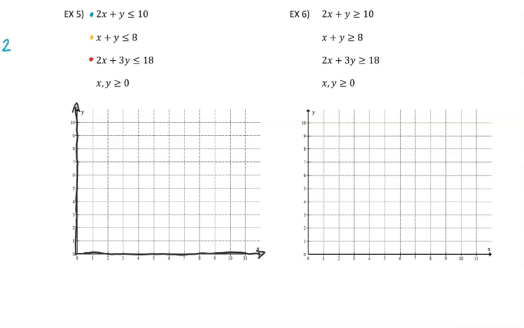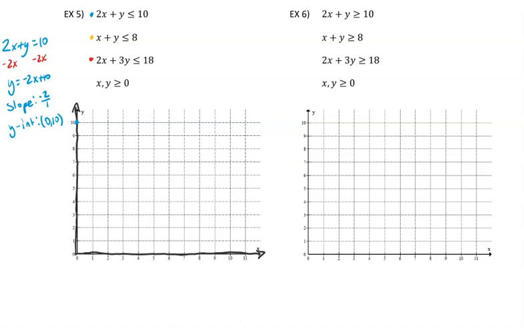So first off, we have 2x plus y equals 10. We can subtract 2x from both sides, and we get y equals negative 2x plus 10. So our slope is negative 2 over 1, and our y-intercept is (0, 10).